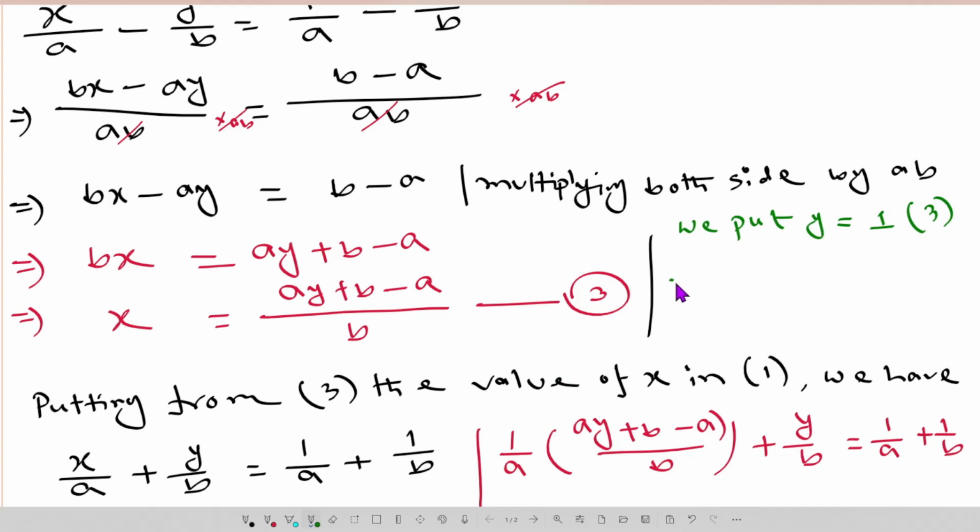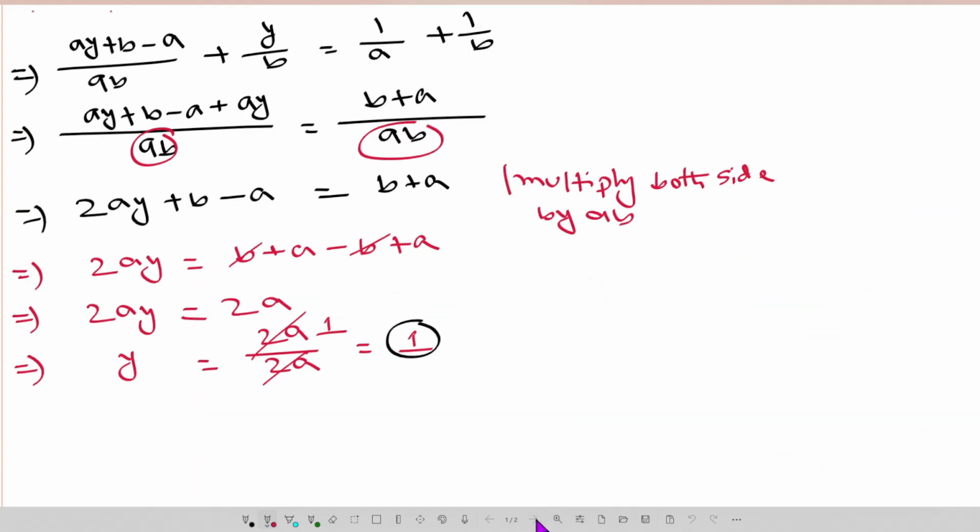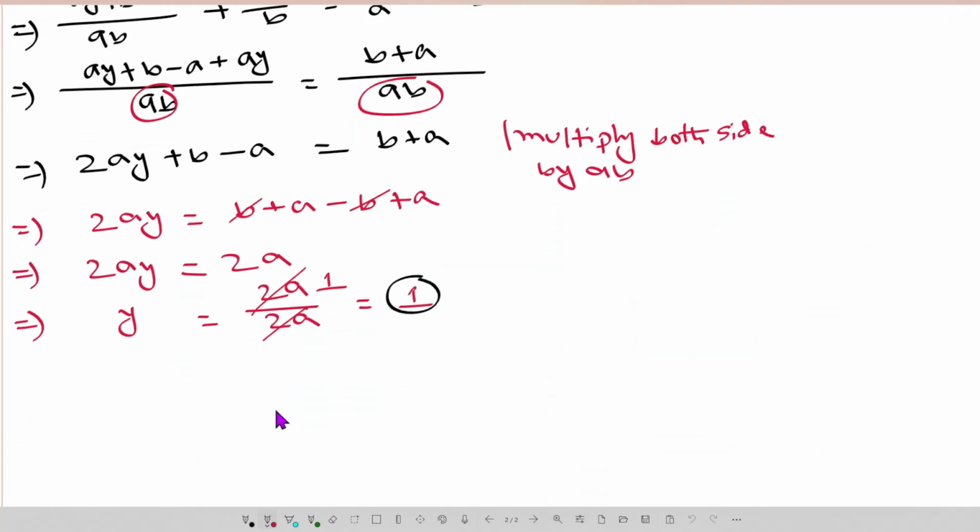So here is x equals a times y, which is 1, then plus b minus a divided by b. So a times 1 means a, plus b minus a, therefore plus a and minus a cancel out. So b divided by b equals 1. Now look, x equals 1 and y equals 1.